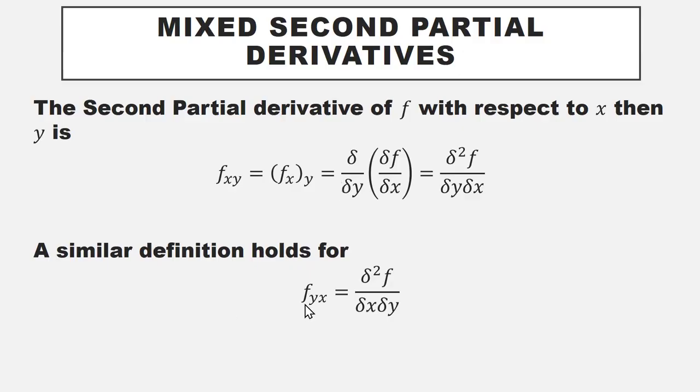A similar definition will hold if you go in the reverse order. You go y first and then x. Again, derivative of y comes first, and then after that, I take a derivative of x.